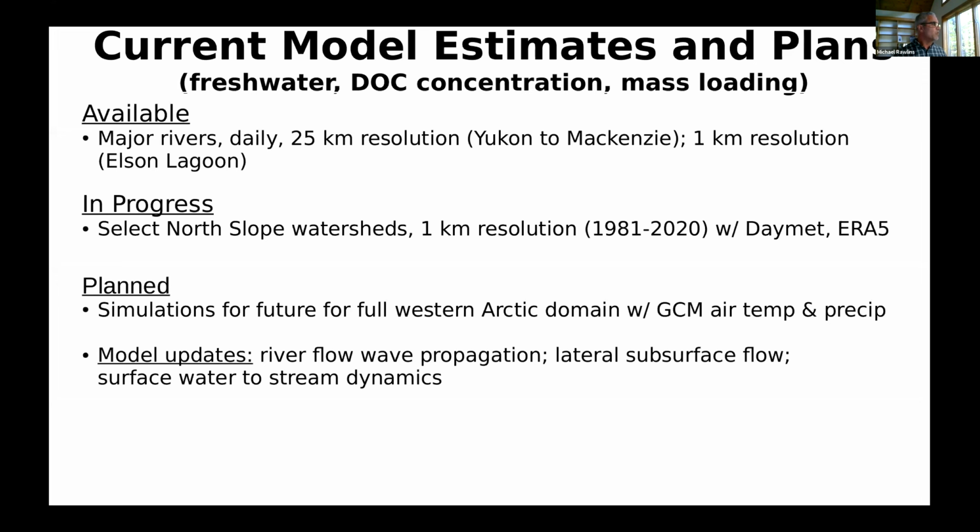And we have plans for future simulations for the full Western Arctic domain using GCM air temperature and precipitation from the SNAP program. We'd like to do some model updates with river wave flow propagation and lateral subsurface flows, surface water to stream dynamics as well.